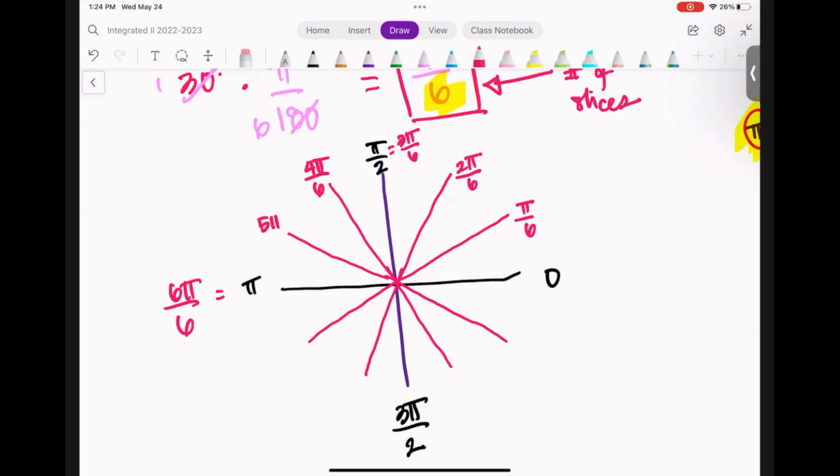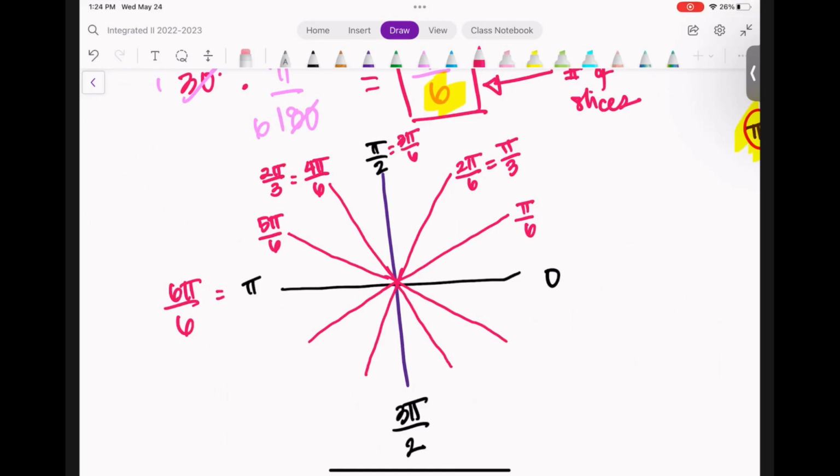Let's pause really quick. So I'm going to simplify first. This 2 pi over 6 actually equals pi over 3. Does that make sense? And this 4 pi over 6 actually simplifies to 2 pi over 3. Okay.